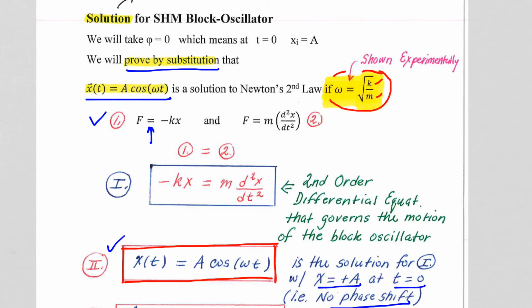Anytime you are asked to write down the differential equation of motion, you are going to start with Newton's second law, F equals ma, and you are going to put it into calculus form, where you have F equals m d squared x, the second derivative of x with respect to t, d squared x dt squared. In other problems, it would be F equals m dv dt.